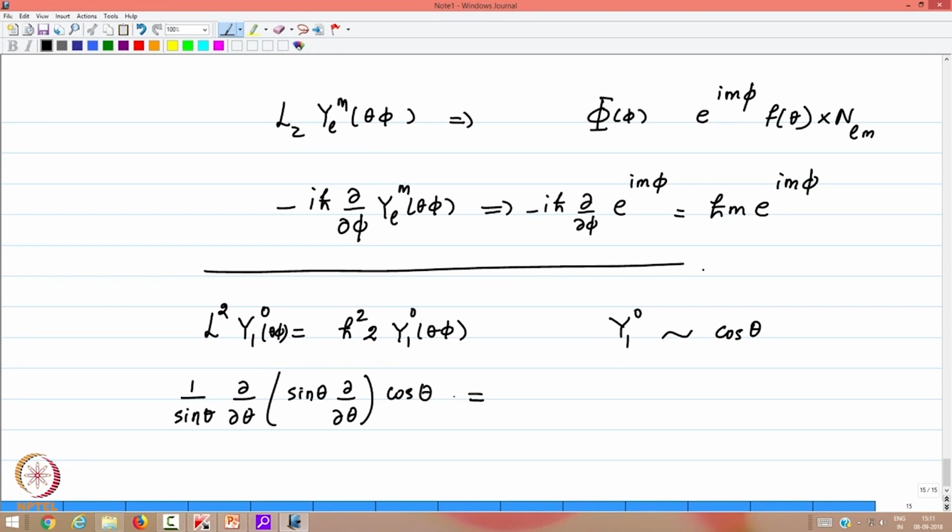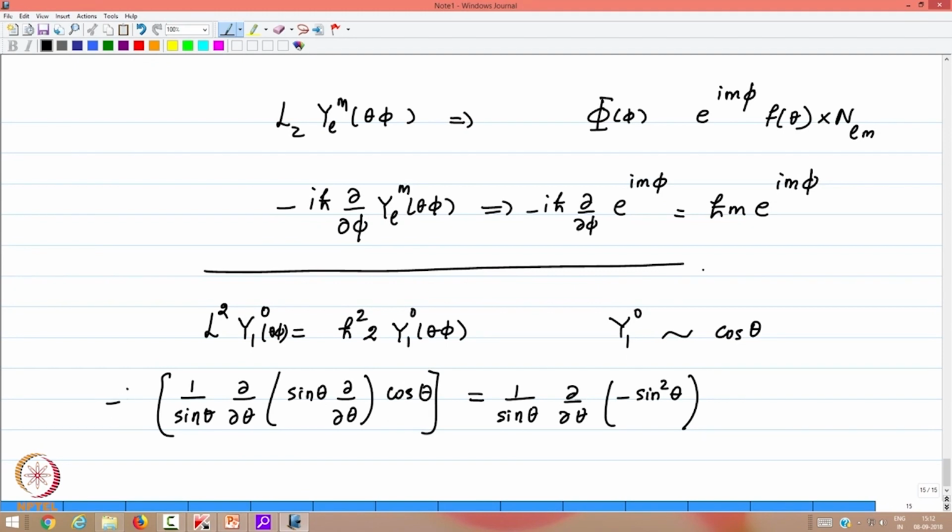This is the only thing, and therefore, we can evaluate this immediately as 1 by sin theta, dou by dou theta, and this gives you minus sin theta, so it gives you minus sin square theta. And there is also a minus h bar square outside.